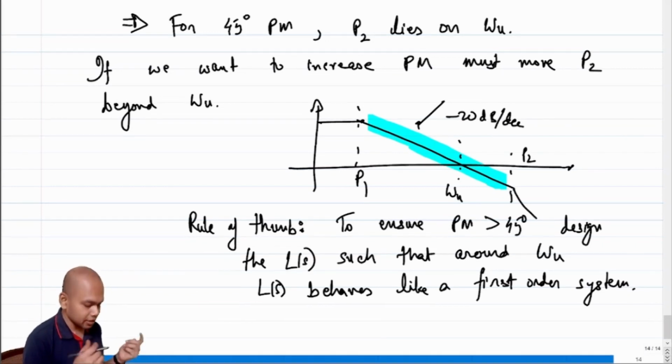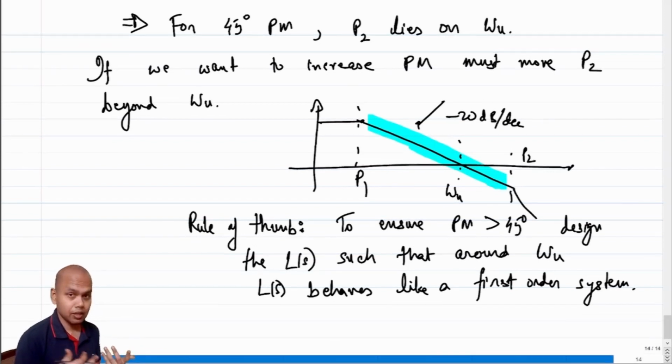There are many assumptions that have gone into this. One of the primary assumptions that I intentionally took without making it explicit is that all the poles of L of S are real. That need not necessarily be the case all the time, but in most practical systems they are.